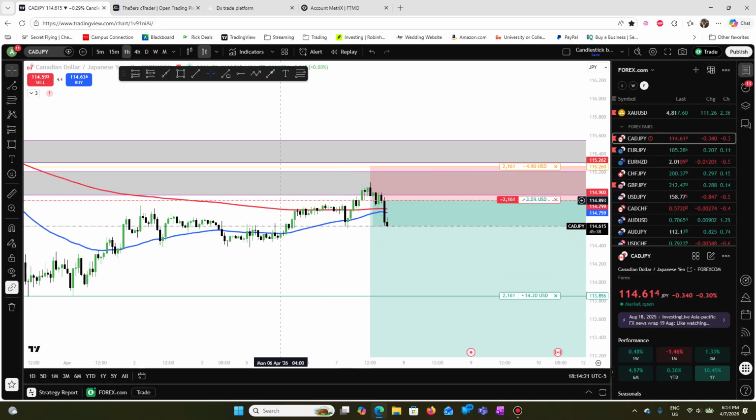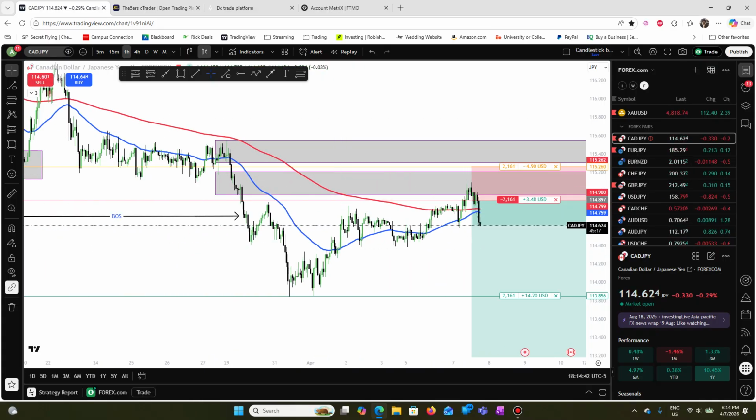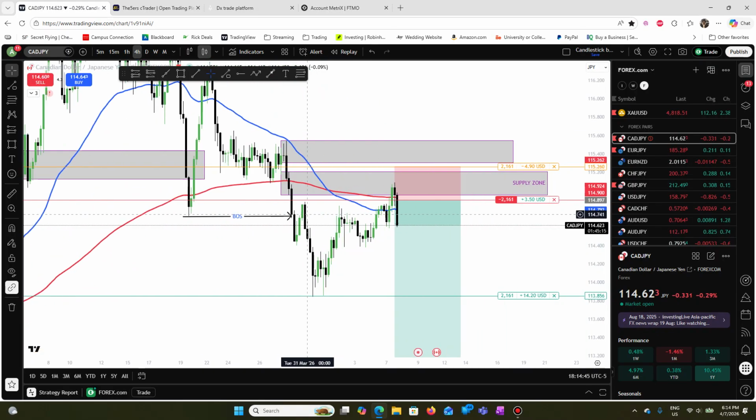So I put the alert there, and when this bearish candle came down and touched that alert, I said, okay, you didn't waste too much time in my demand and supply zone. It means this is the correct supply zone on the 4 hour. So I'm gonna take a sell then.